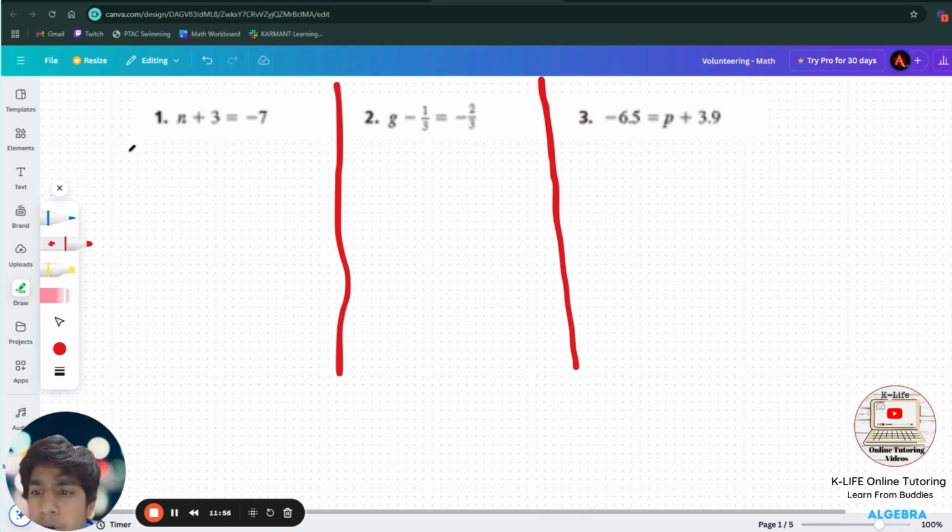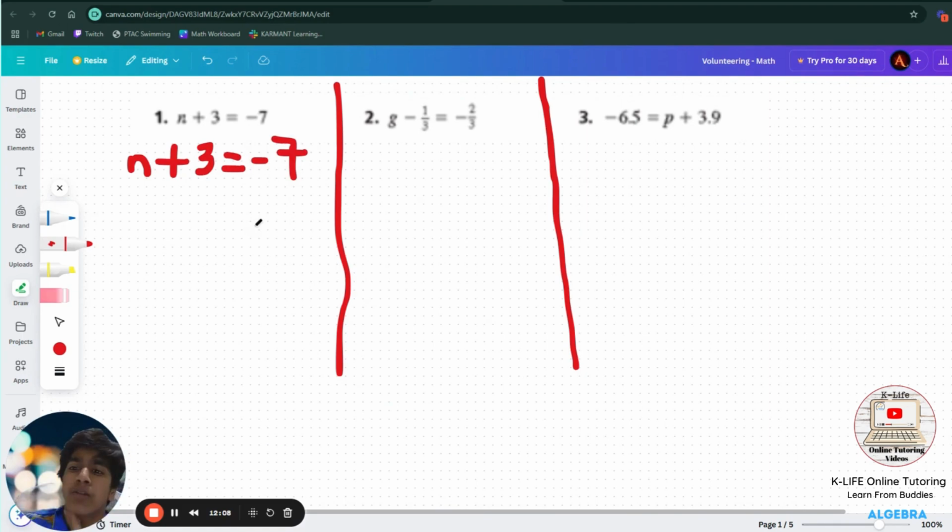So for number 1, you have n plus 3 equals negative 7. I'm just going to write it out again for our understanding. Okay? So in this case, you want to isolate the n. Like I said, we use different letters in algebra. It's okay, you don't need to be scared.